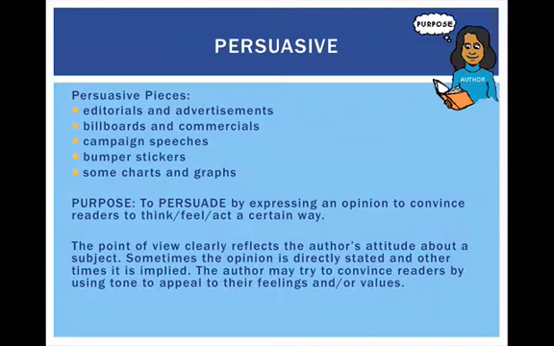Sometimes in persuasive writing, the opinion is directly stated, and other times it is implied through the arguments. The author is trying to convince the readers by using a particular tone and particular rhetorical appeals to buy into their opinion or their argument.